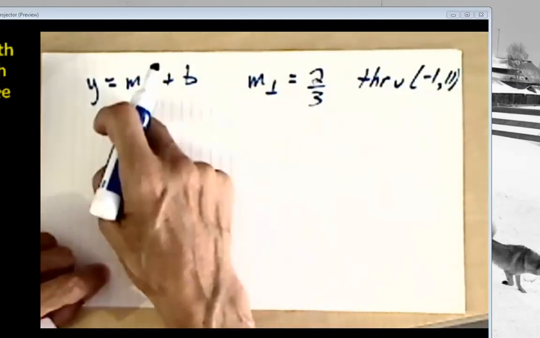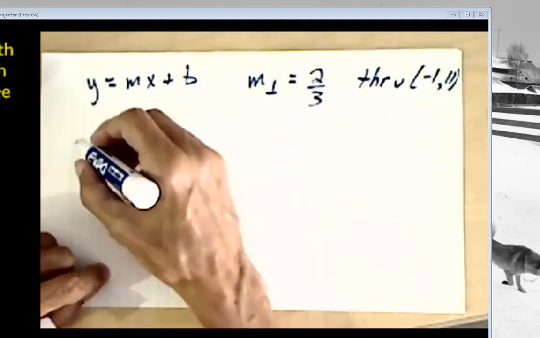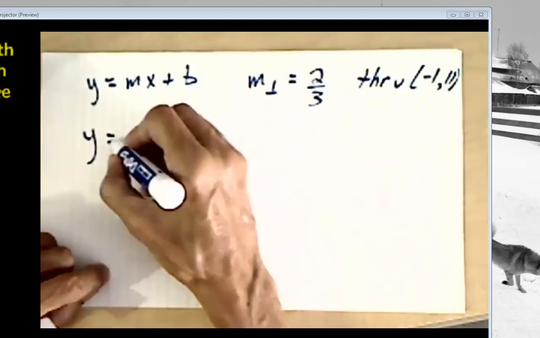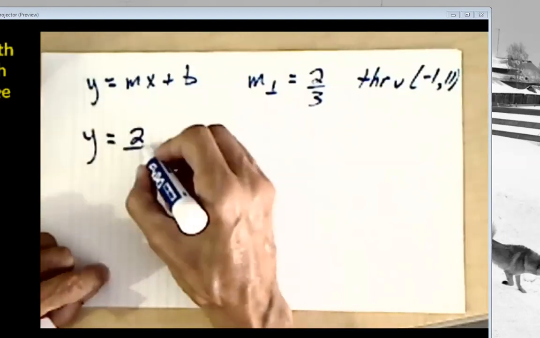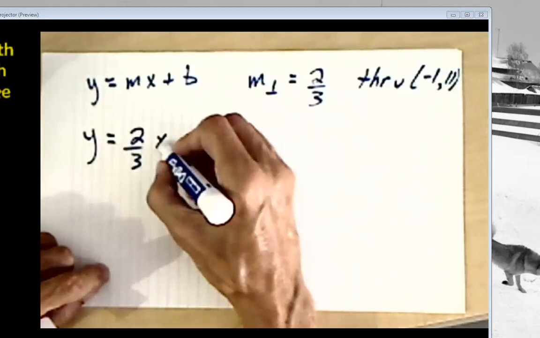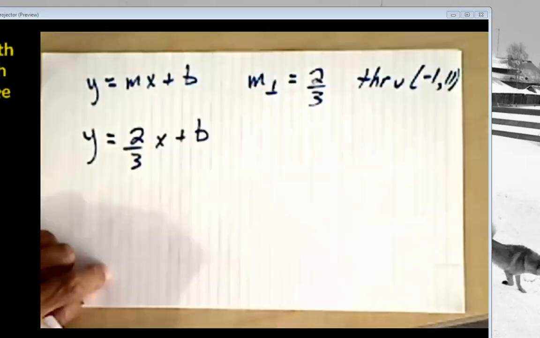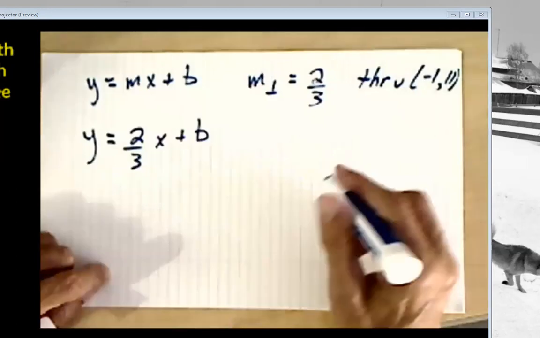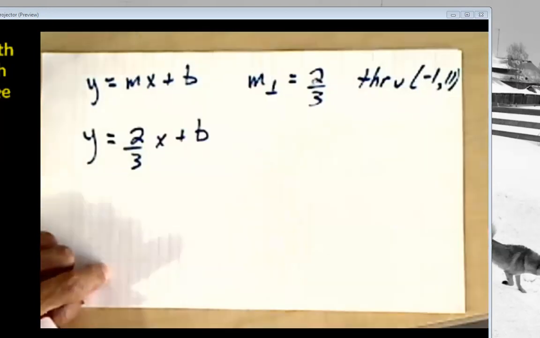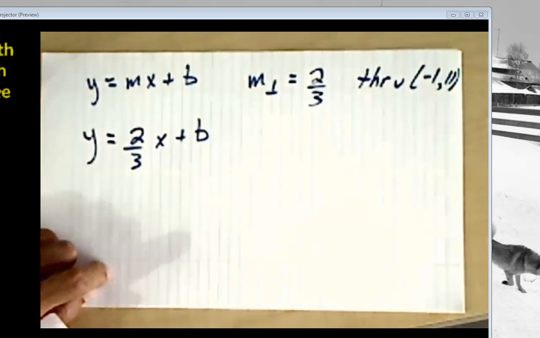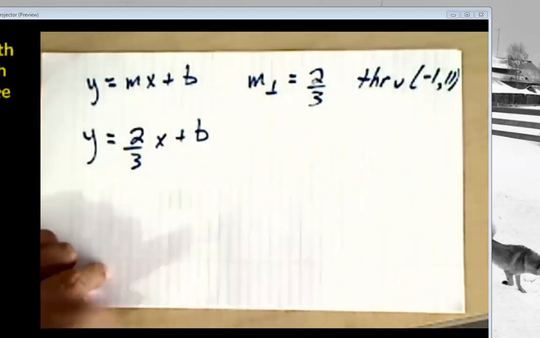We know it right away. So let's put that in there. Then we've shown that our line has a slope of some sort. Because it's positive, it's going to be going up to the right. And now we got to figure out what B is.